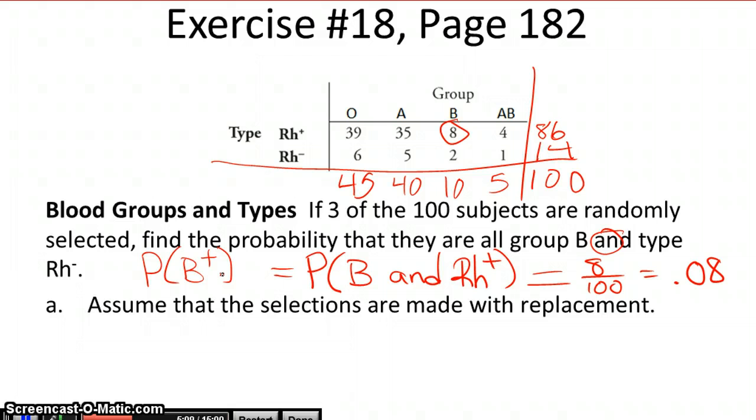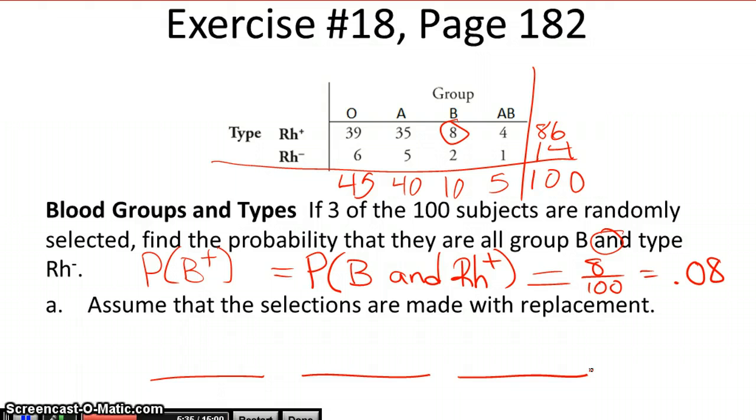Now, consider this. Suppose now we're interested in calculating the probability that 3 people selected at random with replacement have B positive blood. Well, using the multiplication principle, you can think of it like this. We have 3 people that we're going to select.